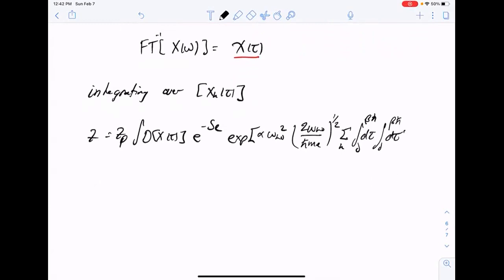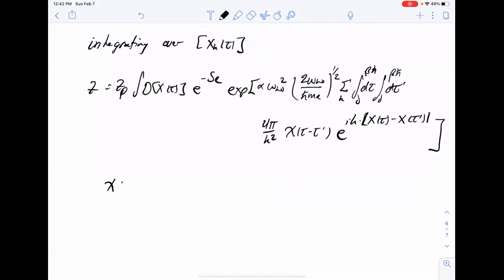And underneath that kernel, 4 pi, the k becomes squared. We have our chi function at tau less tau prime, and now i k dot x of tau, and x of tau prime. Working out what chi of tau is, it's a factor of h bar in a Fourier transform.